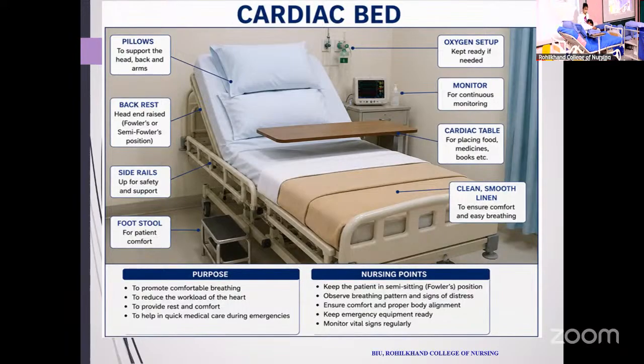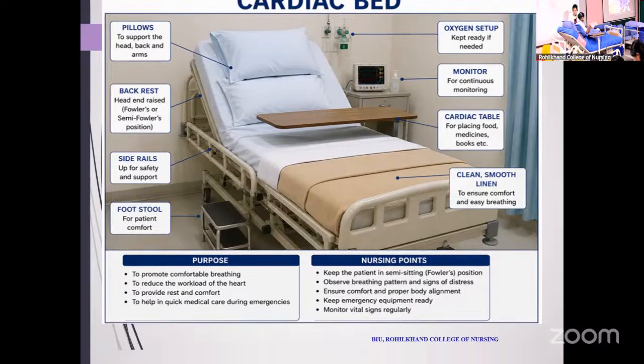Always keep a bedside oxygen setup ready if needed, monitor continuously, and use a cardiac table for placing food and medication. If there is breathing difficulty, the patient can rest the head down on the cardiac table. Use clean smooth linen to ensure comfort and easy breathing. So these are the cardiac bed making steps, and patients feel better.